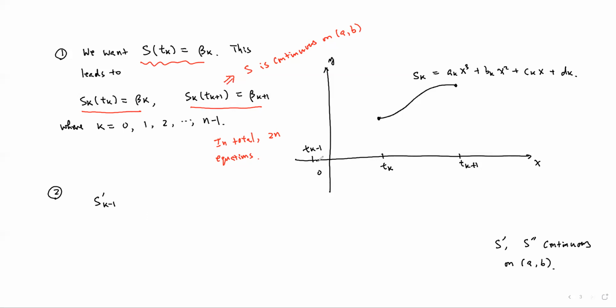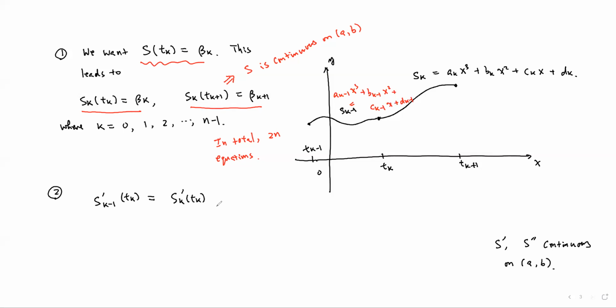Then the polynomial over the interval from t_(k-1) to t_k is S_(k-1), and the polynomial is a_(k-1) x cubed plus b_(k-1) x squared plus c_(k-1) x plus d_(k-1). Because S is continuous, the derivative of S_(k-1) at t_k should equal the derivative of S_k at t_k.